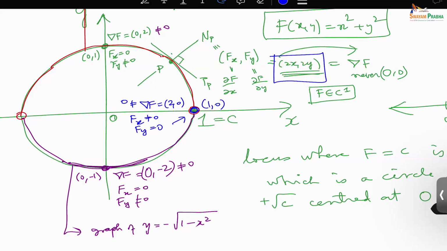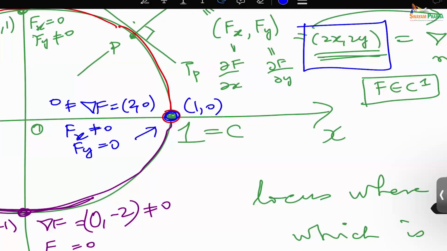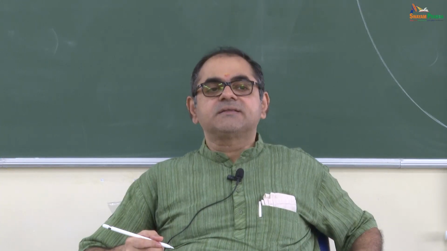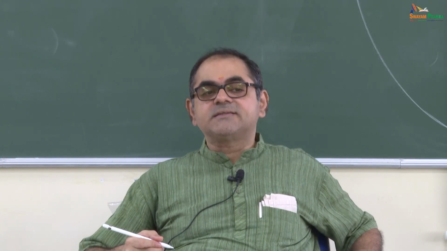So now watch. Look at a small portion of the curve at this point. Is this still the graph of a function of a real variable? Yes, because I can still write it as x equal to positive square root of 1 minus y squared.